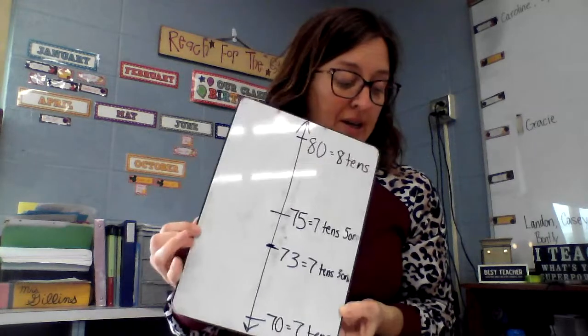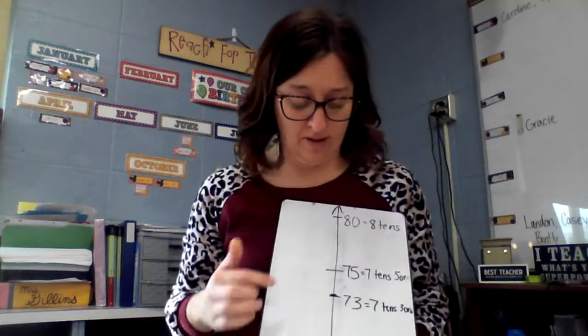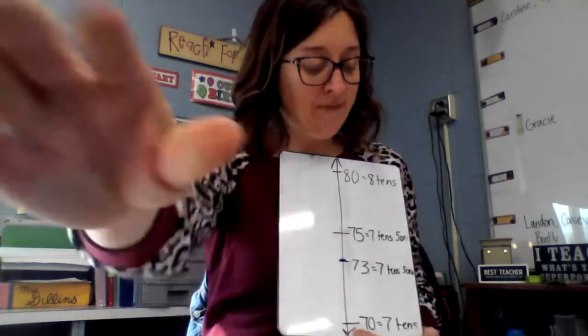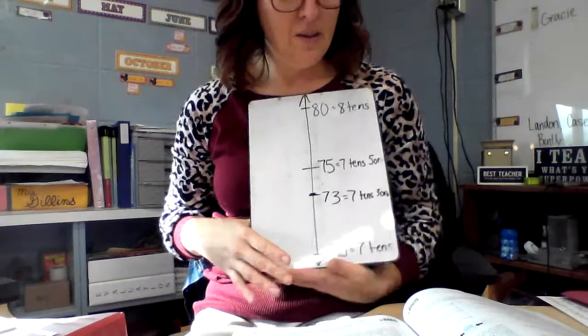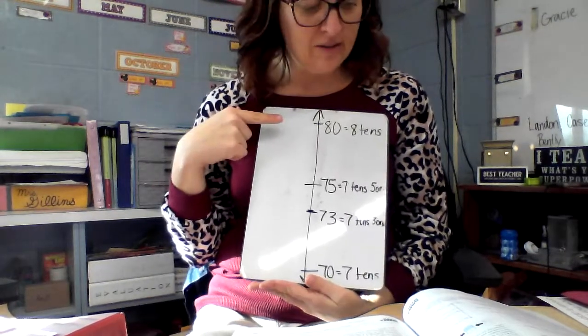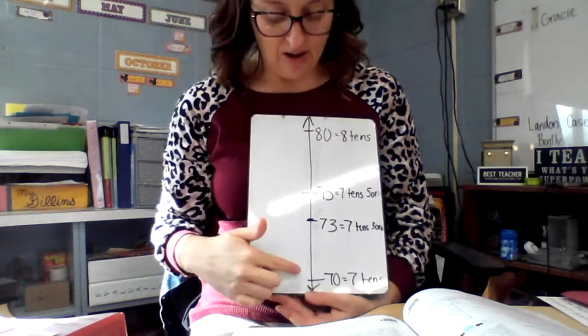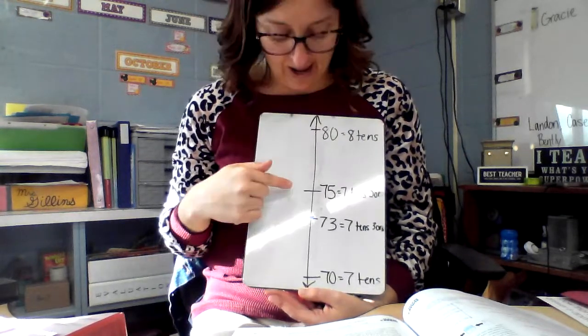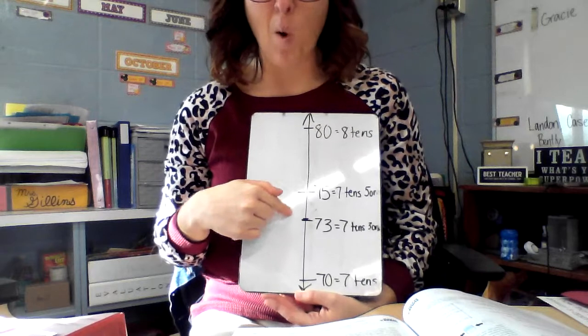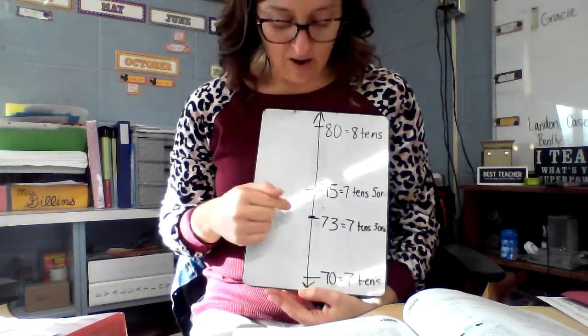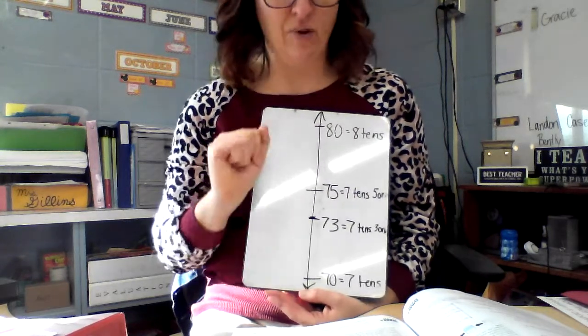So let's go back to our example we had on our vertical number line here. I have 73. Look at 73. Is 73 more than halfway? Or is it less than halfway between 80 and 70? So there's my 2 endpoints, 70 and 80. Is 73 more than halfway to 80? Or is it less than halfway to 80?